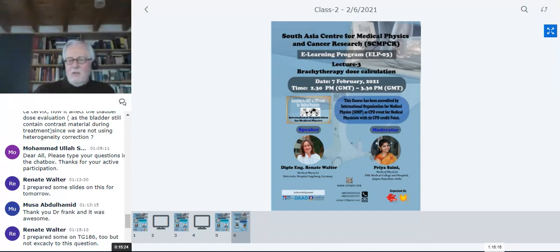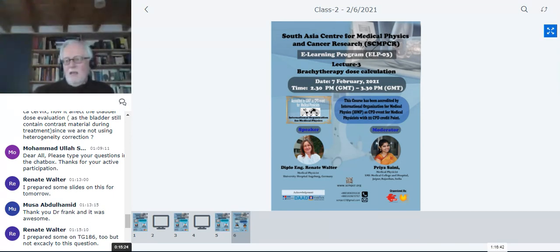And the only thing that would affect this is the scatter radiation coming from there. But if you have performed your implant correctly, the place that you want to irradiate is very close to the source. So the contribution of the scatter coming from the contrast is small. It's not enough to really make a big difference.